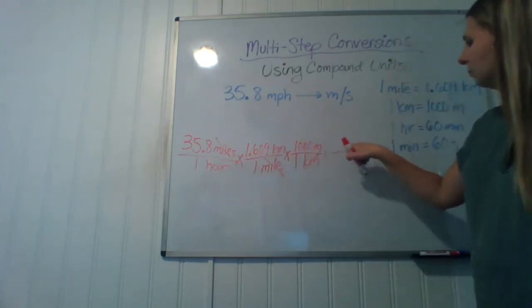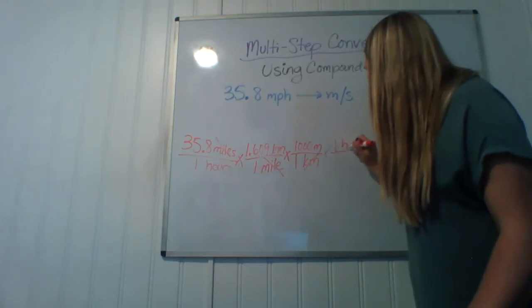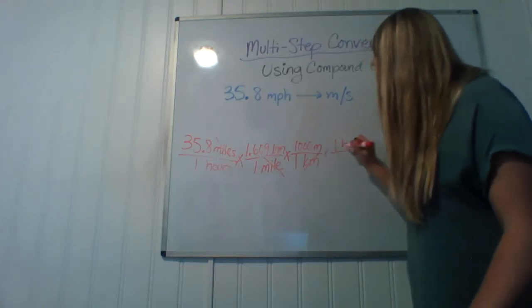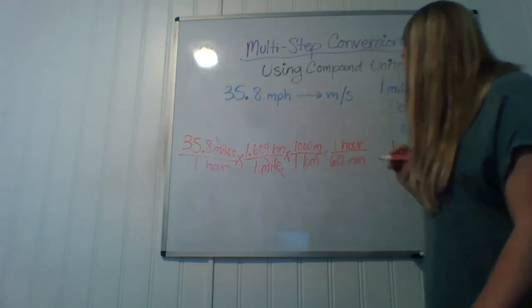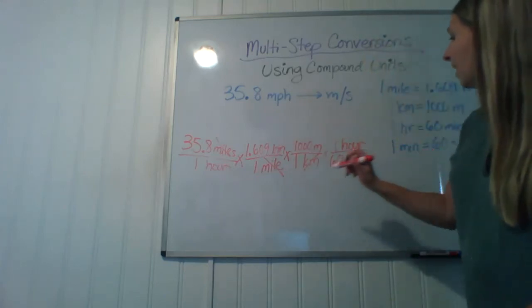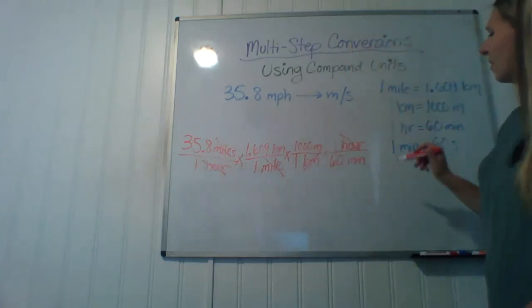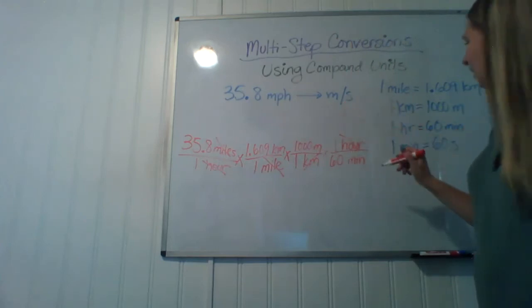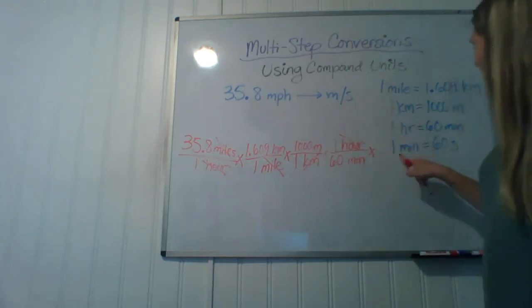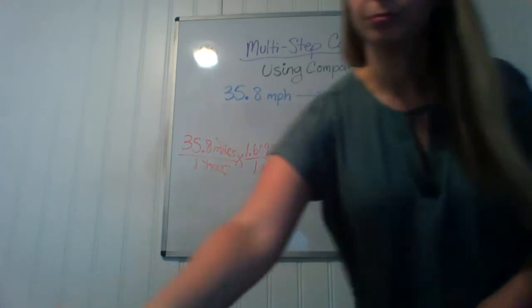Remember, diagonal. So 1 hour on the top is 60 minutes. Okay. And then that allows us to cancel hours. And then the final step is going to be changing your minutes to seconds. We know that 1 minute is equal to 60 seconds.